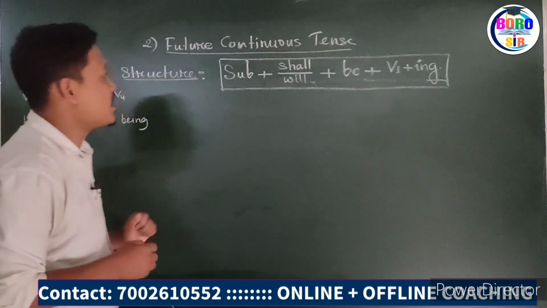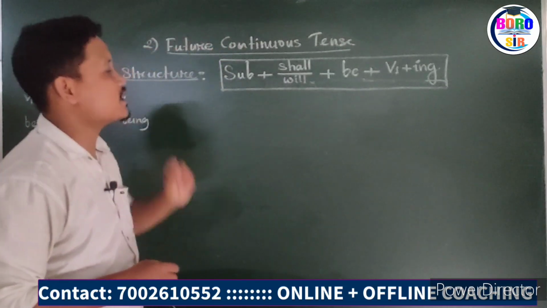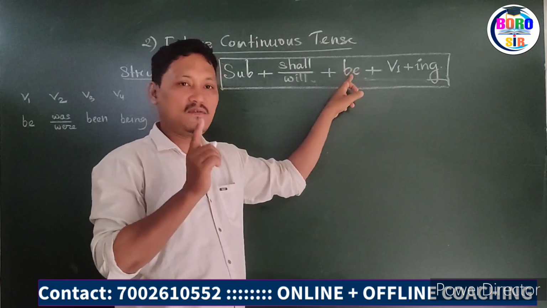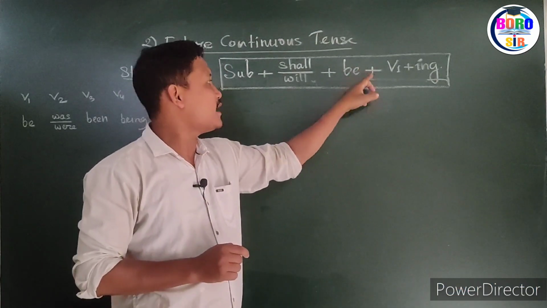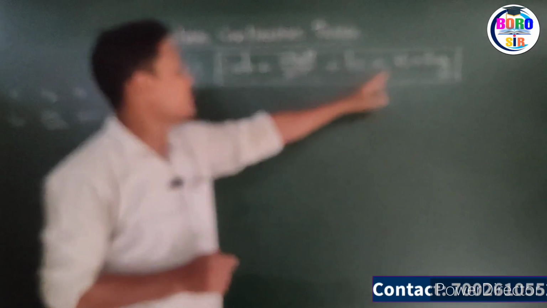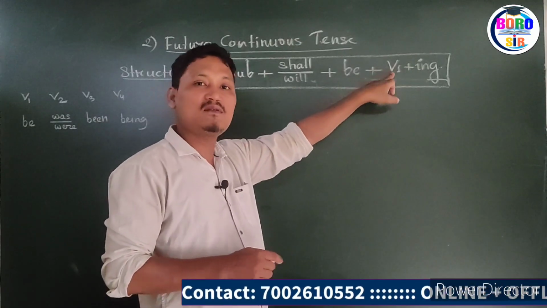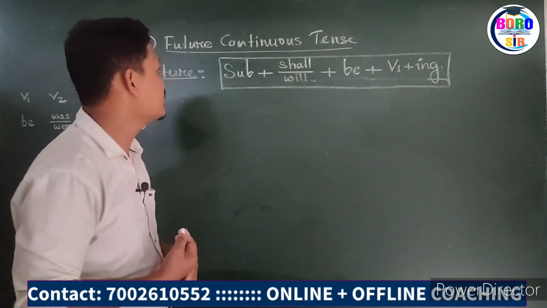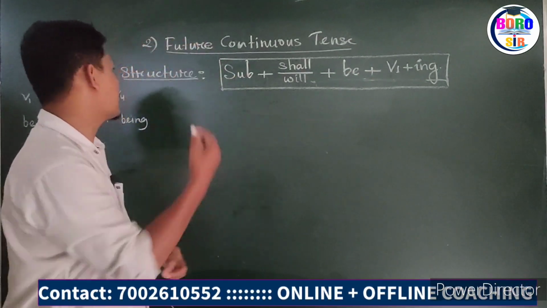Remember this. Then we take the be verb here, then we take the main verb here, but with the main verb we are going to add ing. So this is the structure of future continuous tense.